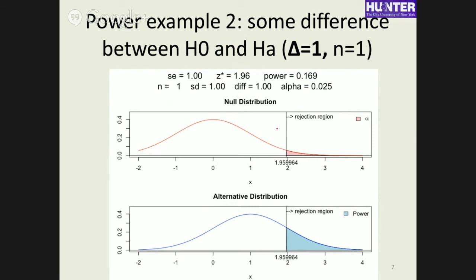So this is the rejection region, but here in our hypothetical world, we know this is the real distribution, and we can calculate this probability here. There is obviously a rejection region over here too, but this probability now is going to be very small. There's going to be much less area.